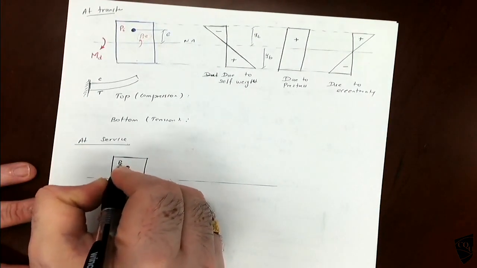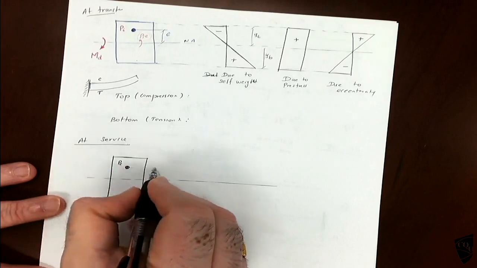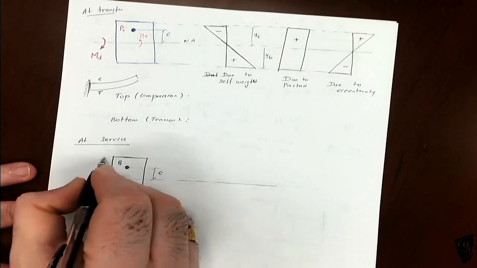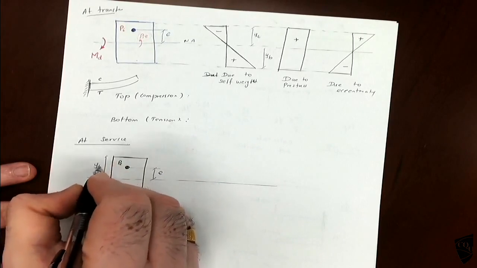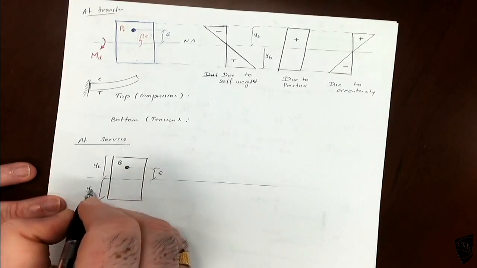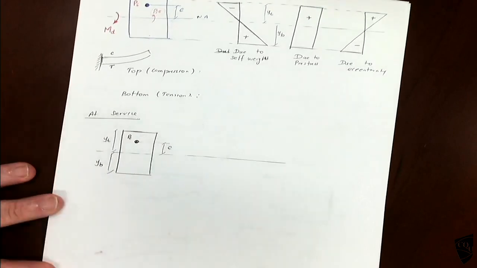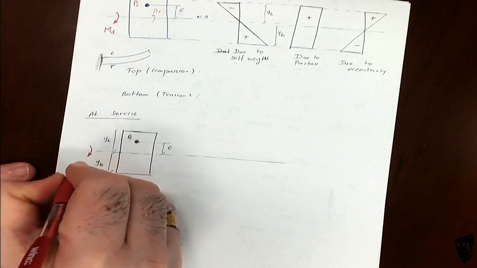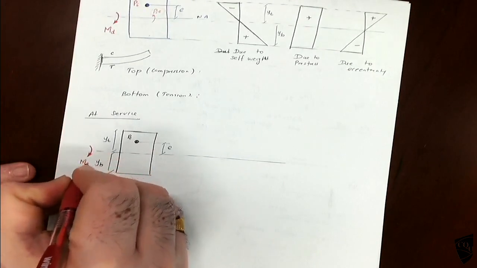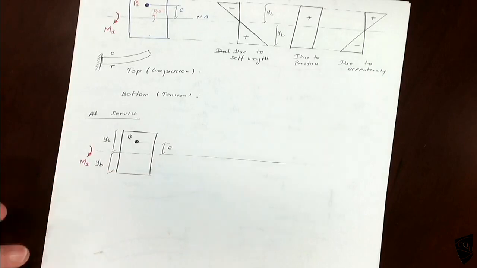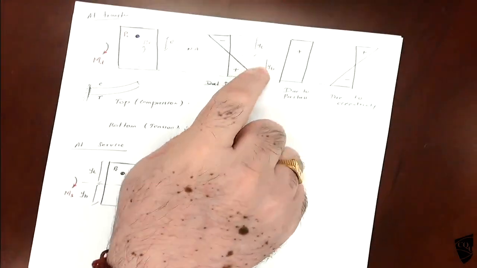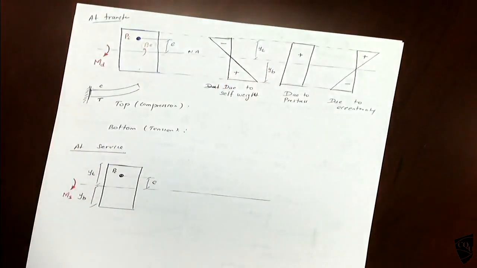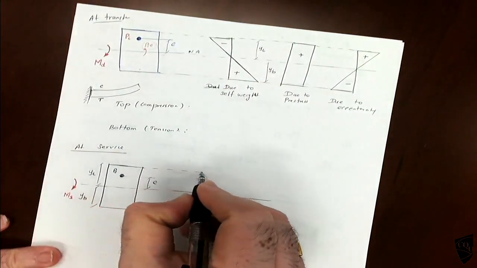So this is PE, effective pre-stress. You have a moment now, moment increase because full load, MS. So the stress blocks are almost same, doesn't change the stress blocks, but the values will change.